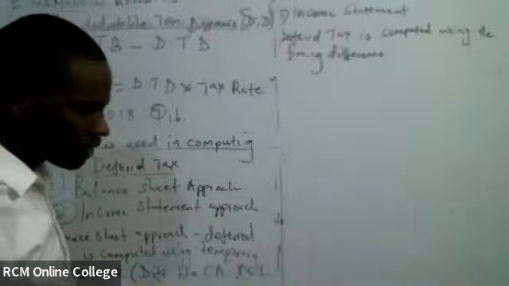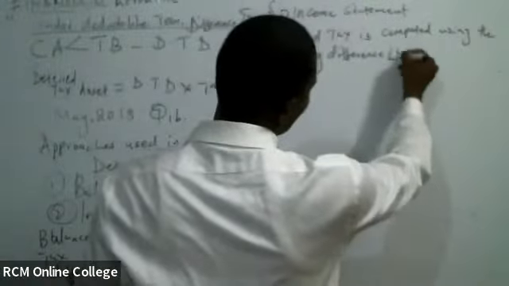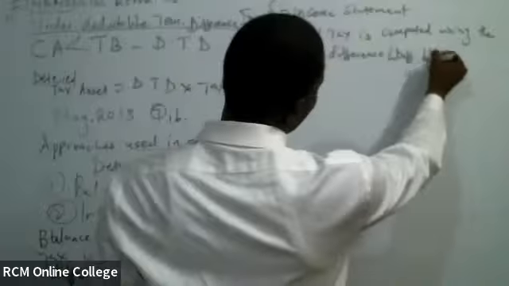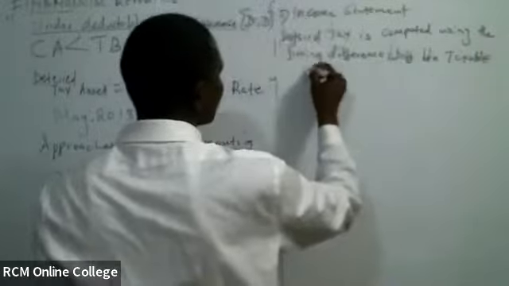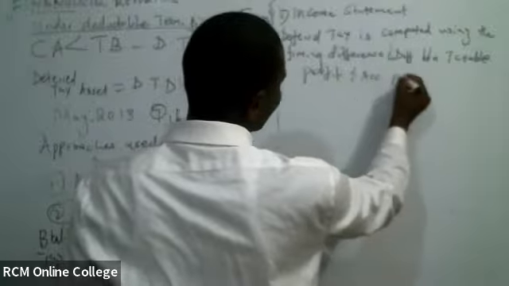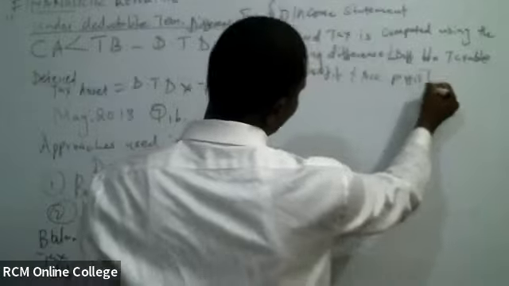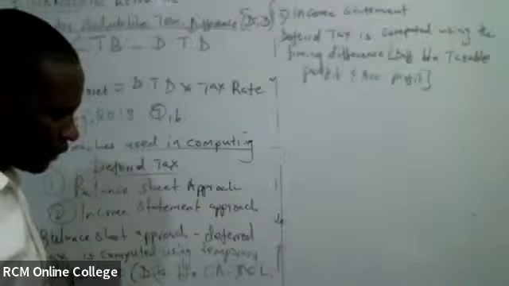That is the difference between the taxable profit and the accounting profit. The one we saw when you were starting: the difference between taxable profit and accounting profit.